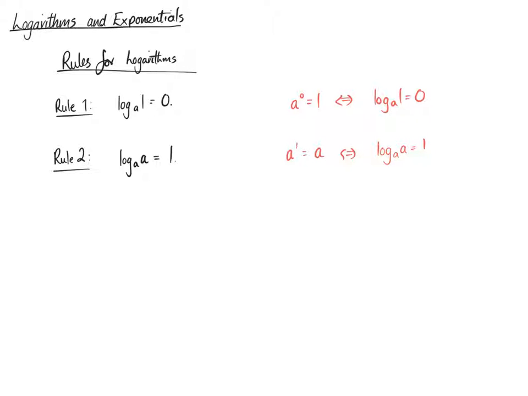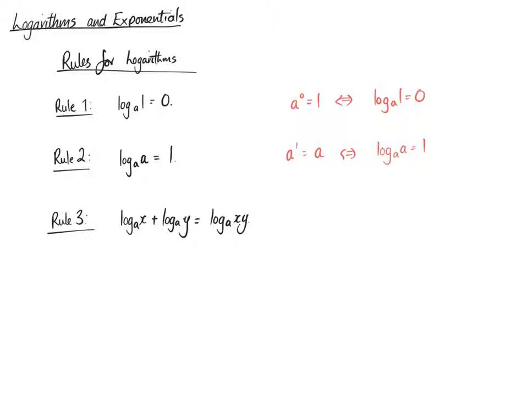Okay? So rule 3 is where things start to get a little bit more complex, not overly so, don't worry. So rule 3 we have is that log to the base a of x plus log to the base a of y is equal to log to the base a of xy.